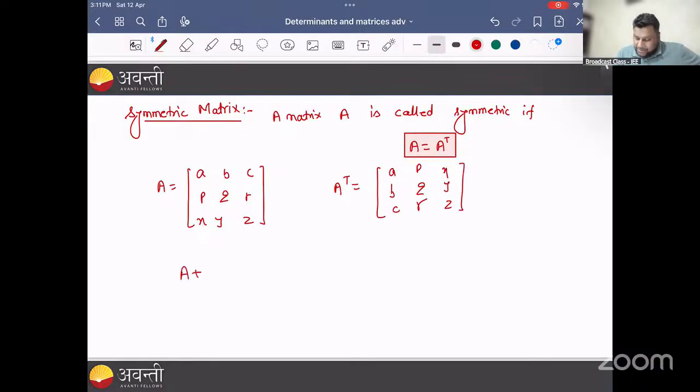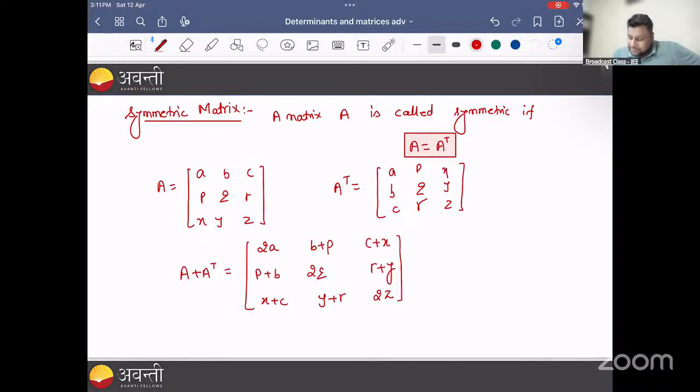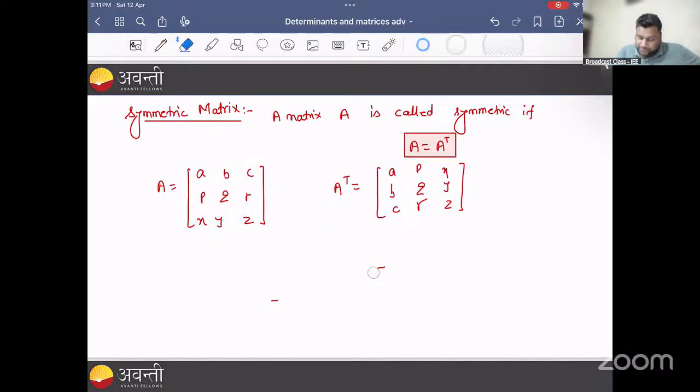So what is A plus A transpose? 2A, B plus P, C plus X; P plus B, 2Q, R plus Y; X plus C, Y plus R, 2Z. Here we don't have to do this, but we are trying to do A equals A transpose.